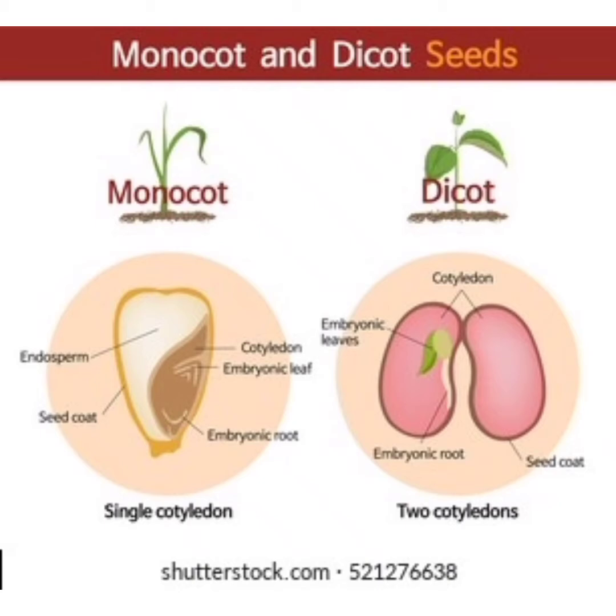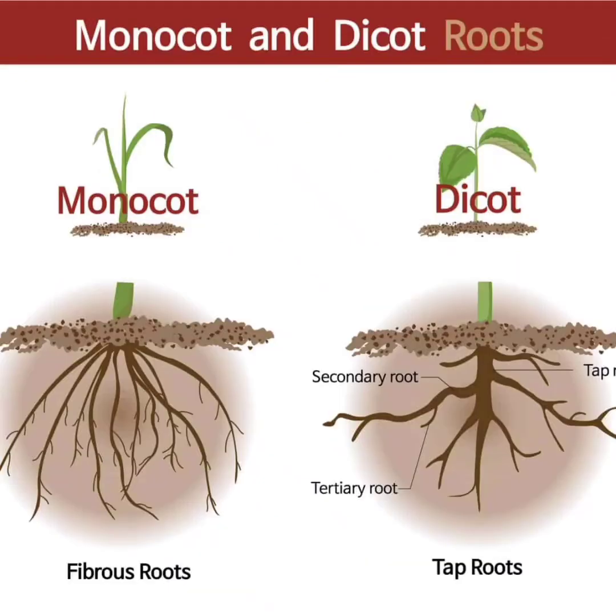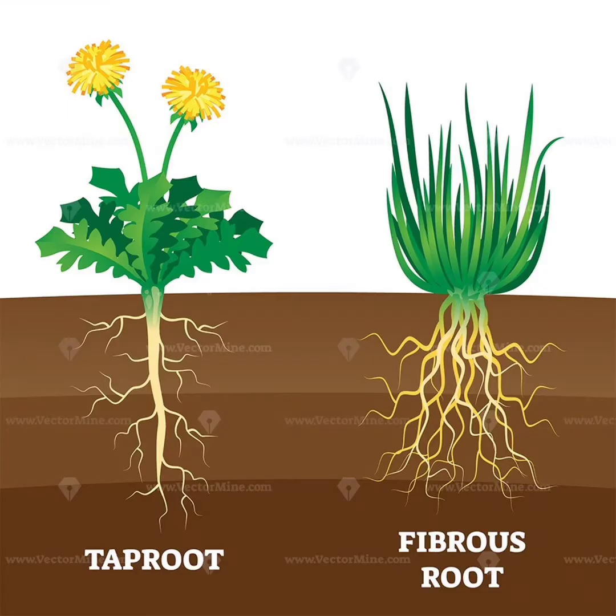If you observe the root system of these two plants, the bean plant has a long root or a main root with root hairs which grow to the side of that. This type of root system with a main root and side roots or lateral roots is called the taproot system.